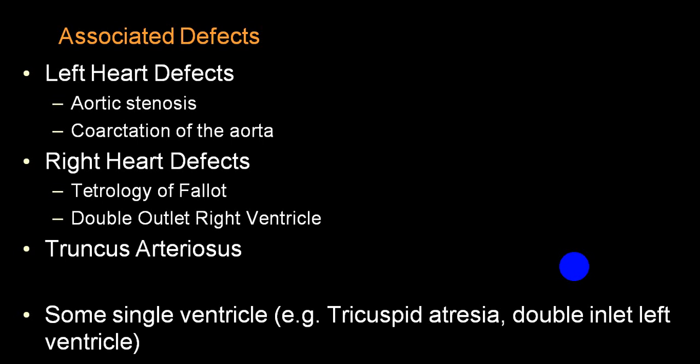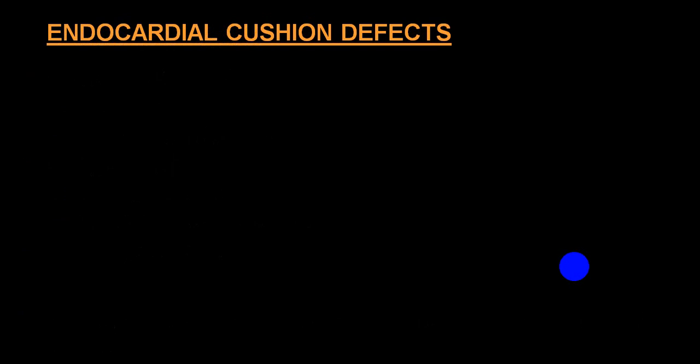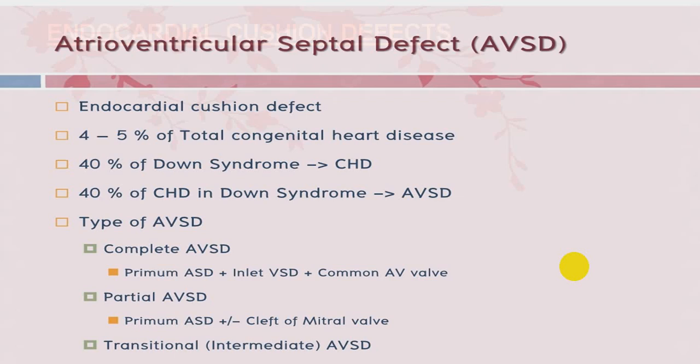Very rarely you come across VSD because of a single ventricle, where there is tricuspid atresia, double inlet left ventricle, etc. These are some of the associated congenital defects which can be there with VSD. By and large, isolated VSD is more common.